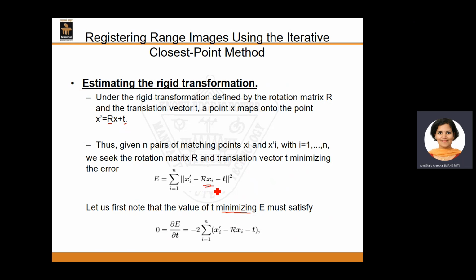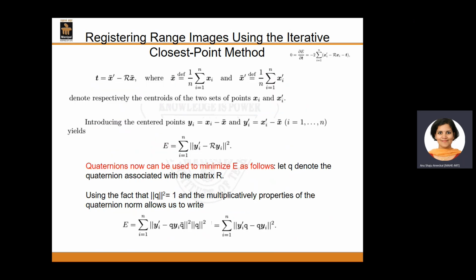Now we know that we need to find this rotated point, right? In order to find that, we can make use of the quaternion approach here, so we can use that to minimize E. Instead of writing or determining R y here, I can just replace that by q y q bar.